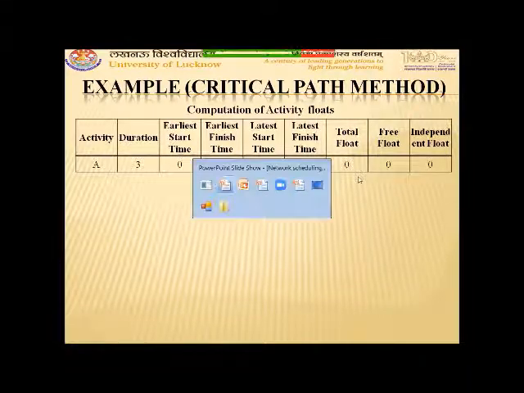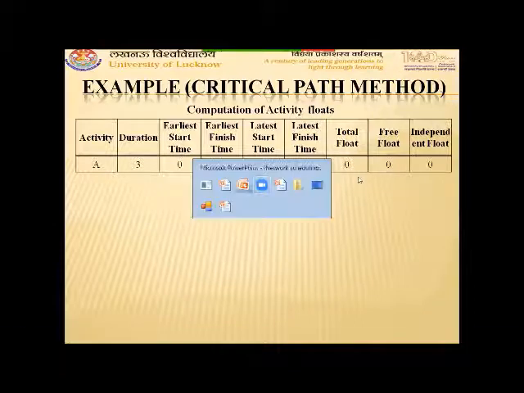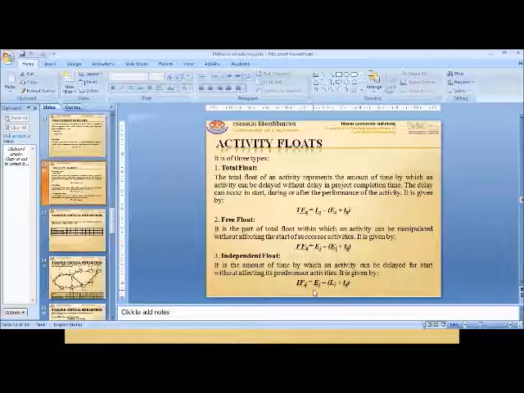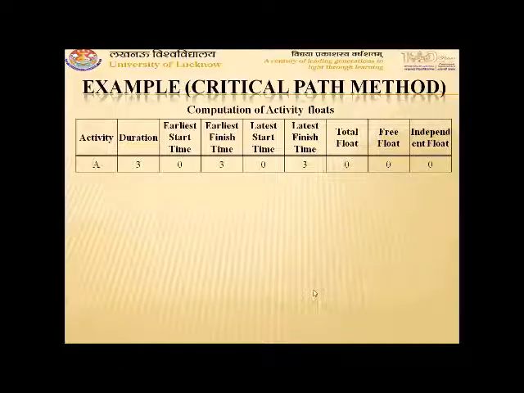Similarly, for independent float, the formula is Ej minus Li plus Tij. That means earliest finish time minus the sum of latest start time and duration. For activity A, earliest finish time is 3, latest start time is 0 and duration is 3.